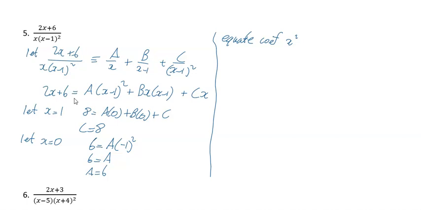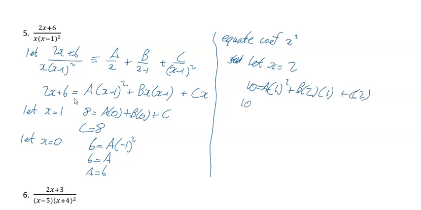So if you said, let x equal 2, for example, the left-hand side would be 2 times 2 plus 6, which is 10. And then it's going to be a times (2 minus 1), which is 1 squared, plus b times 2 times (2 minus 1), which is 1, plus c times 2.